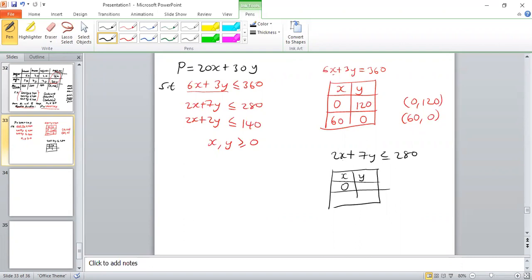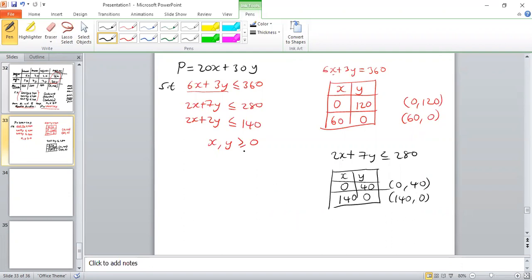We divide by 7, 280 divided by 7, that will give us 40. Then if y is 0, we divide by 2, so that gives us 140. So the coordinates are (0, 40) and (140, 0).